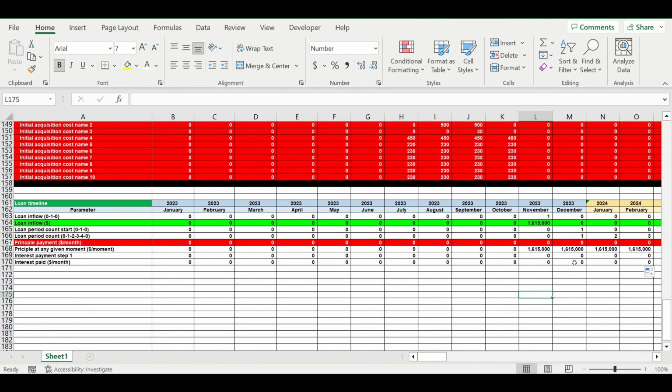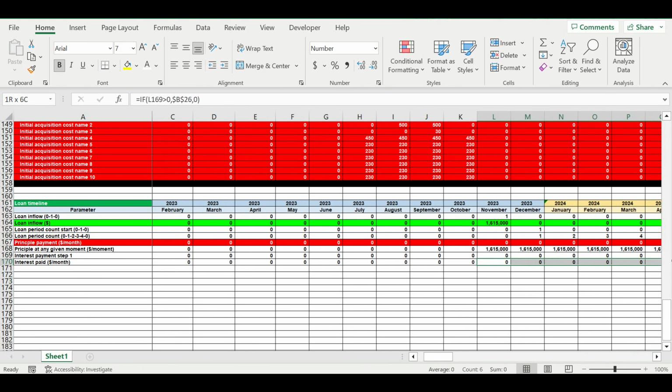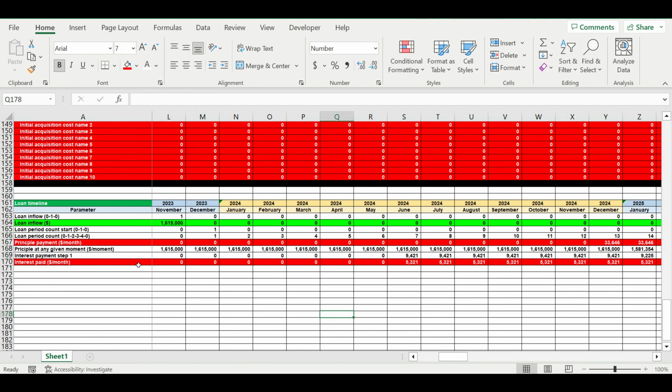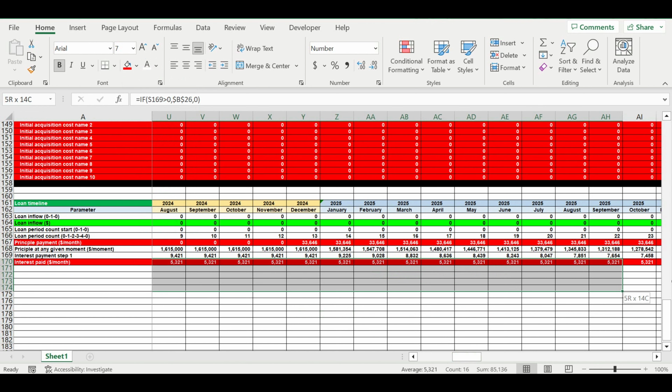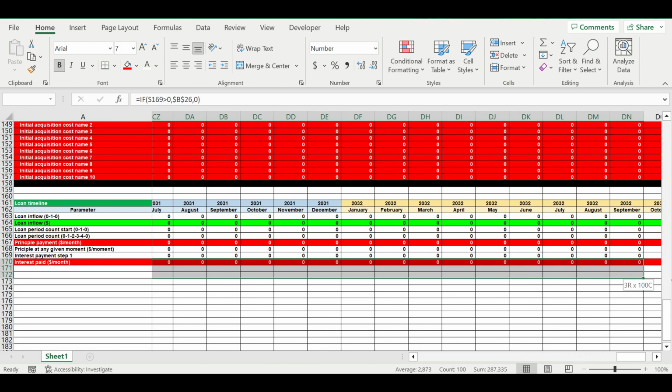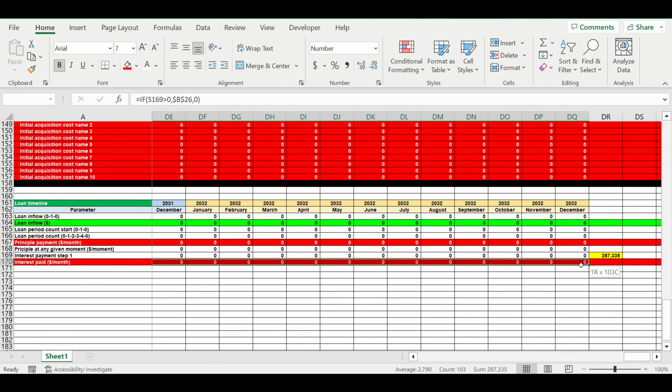So here we can see the payments of interest. I will color it with red because this will go to the cash flow statement. So the totals for this line will be the same as this value.